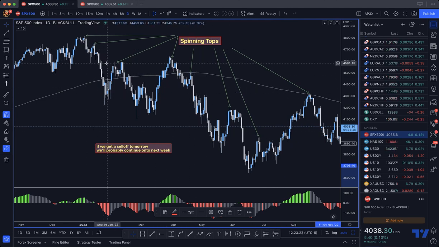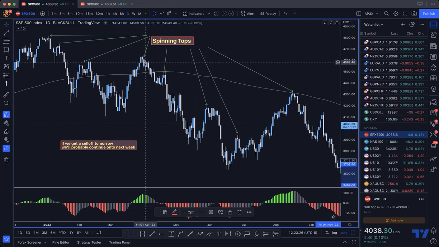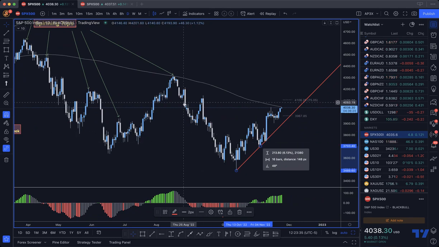Not just a spinning top, but a spinning top with a one-day sell off, which then follows nicely. There's always a nice follow through. So even if you were not selling after this bar, or you saw this spinning top and then only this bar, even if you only sold it here, still plenty of room to run.